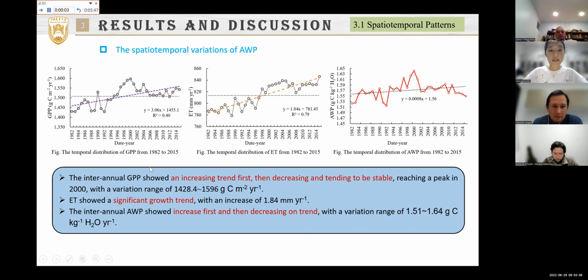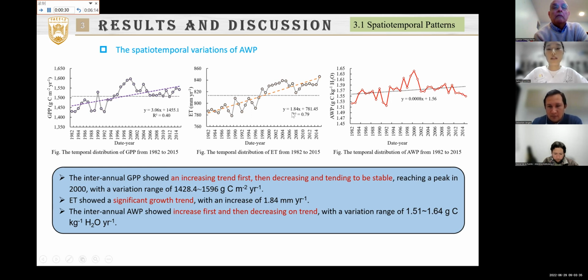We found that the interannual GPP showed an increasing trend first, then decreasing and trending to be stable, reaching the peak in the 2000s, with a variation range of 1428 to 1596 gram carbon per square meter per year.